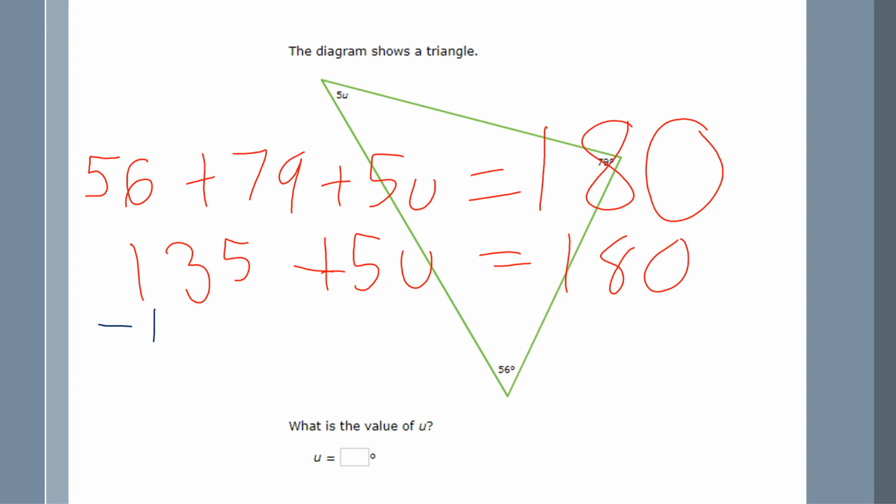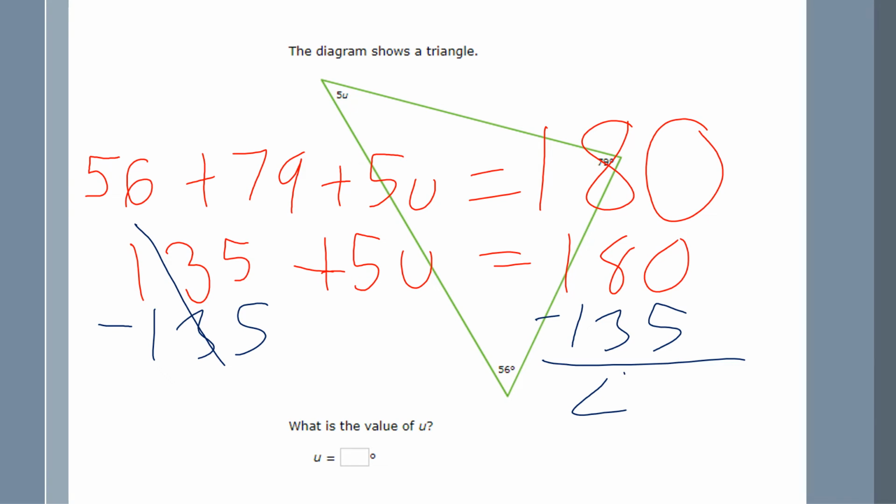So subtract 135 from both sides. That's the additive inverse, by the way. Which is 45. And then you have to take the multiplicative inverse.